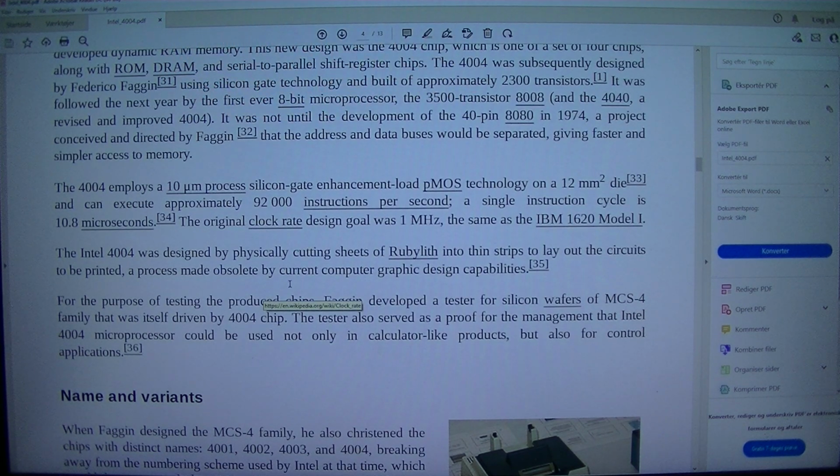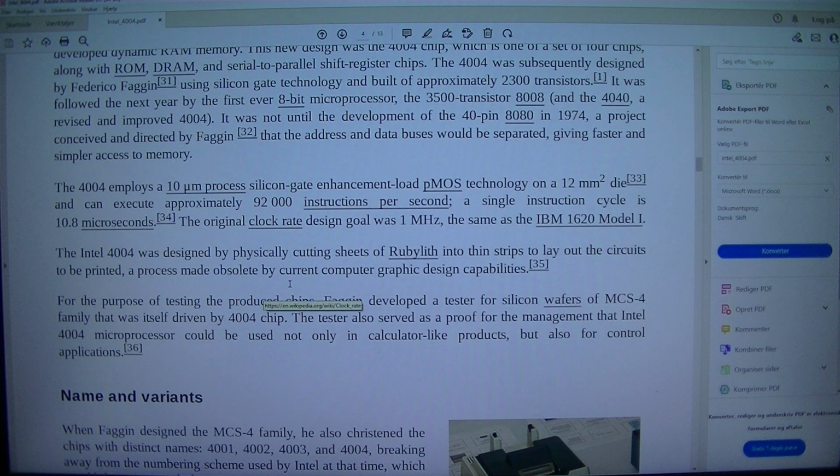It was not until the development of the 40-pin 8080 in 1974, a project conceived and directed by Faggin, 32, that the address and data buses would be separated, giving faster and simpler access to memory.